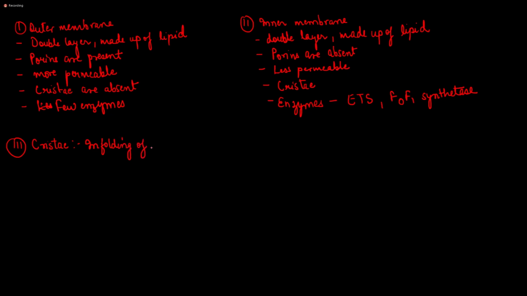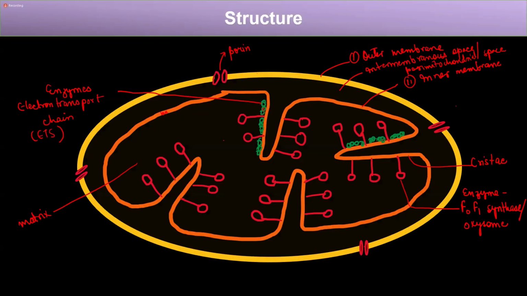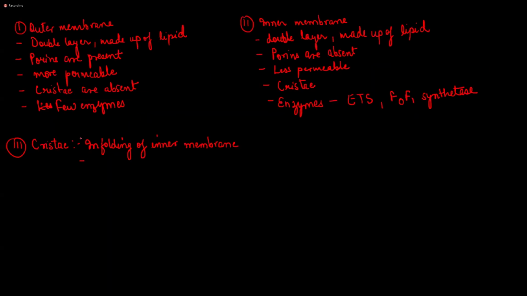The cristae is an infolding of the inner membrane, and it is on the cristae that the F0 F1 synthetase and the enzymes for ETS are present, right?